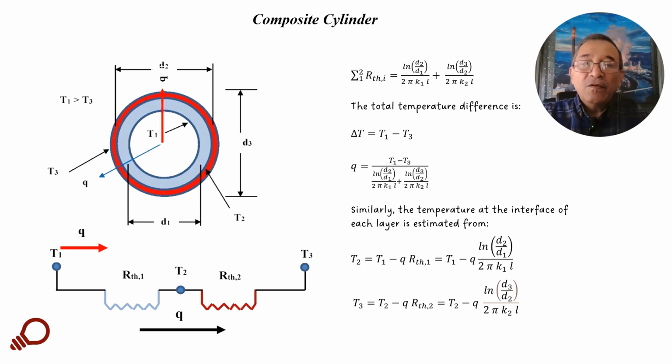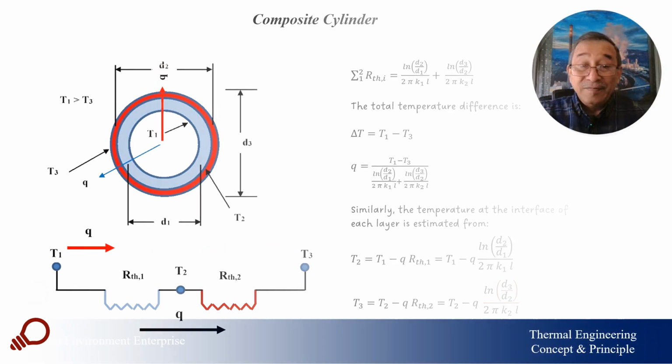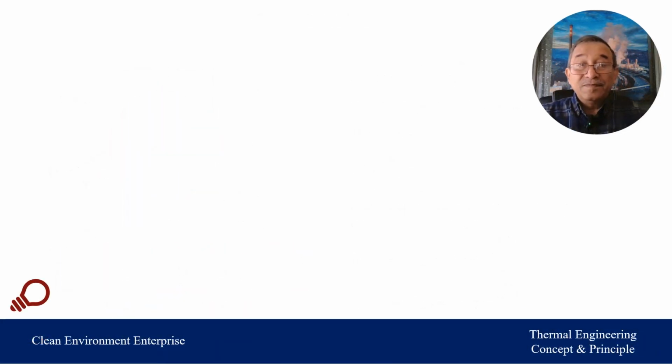But we have to focus here that the surface area is different, changing as you go in the direction of increasing R, so the surface area is changing as well. And in that context, we may talk about the spherical object.